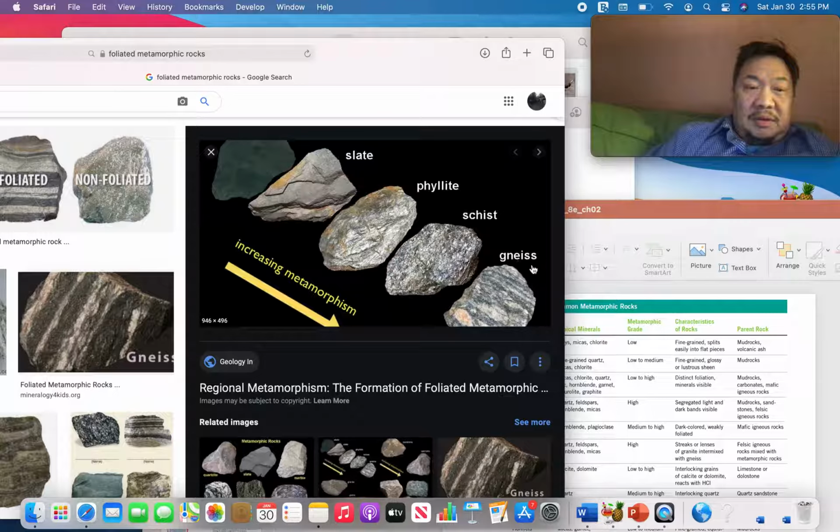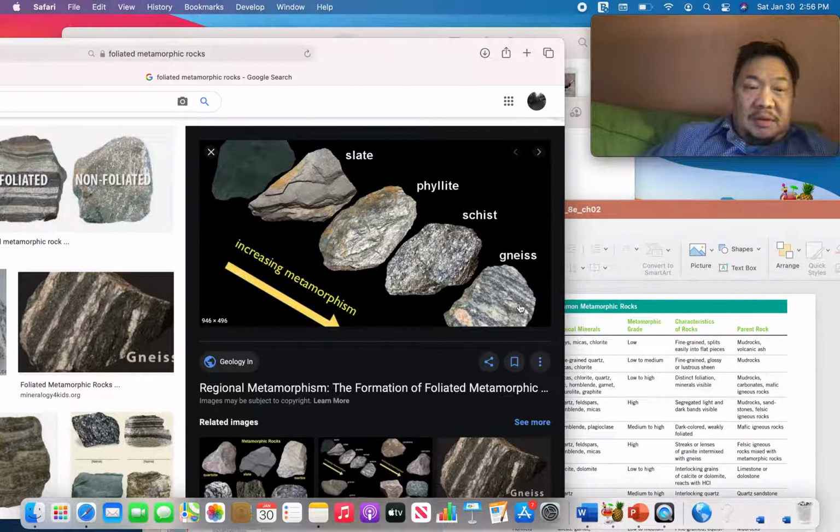Some people call it gneiss or gneiss, depending on what part of the country you're from, where the minerals have aligned themselves into layers of different colors. Some people call this type of foliation a layer cake sort of look. Regardless, you can see layering in all of these metamorphic rocks, and that's called foliation, formed by pressure.